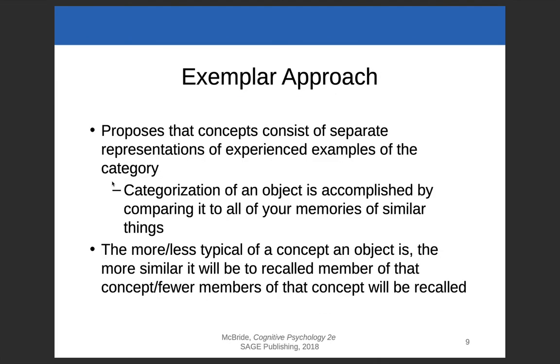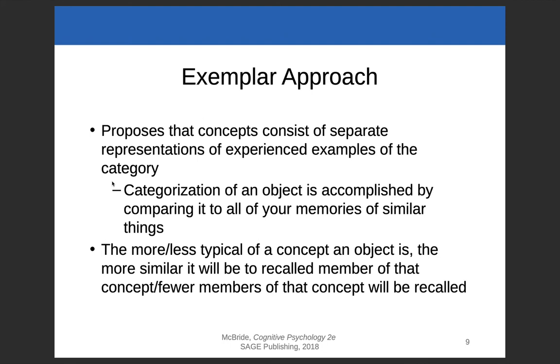Another approach, aside from prototypes, is kind of like prototypes, but not really. It's the exemplar approach. Basically, what this says is that concepts consist of separate representations of examples that you've experienced in that category.